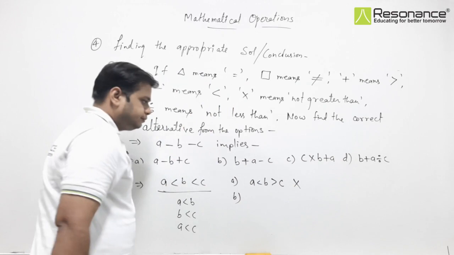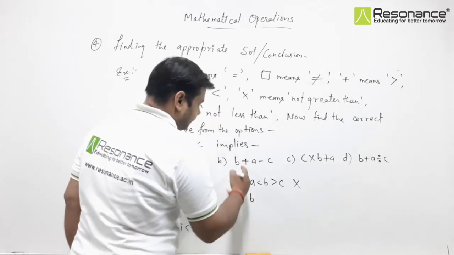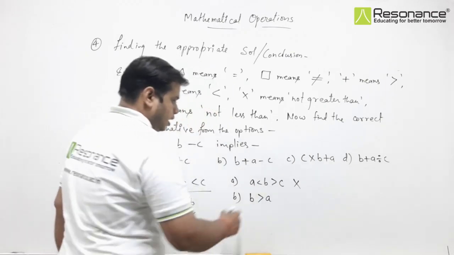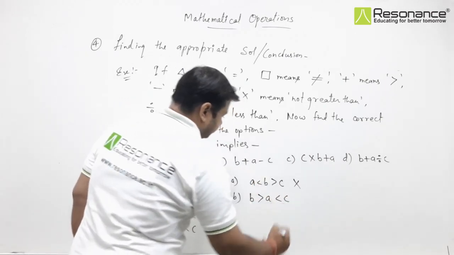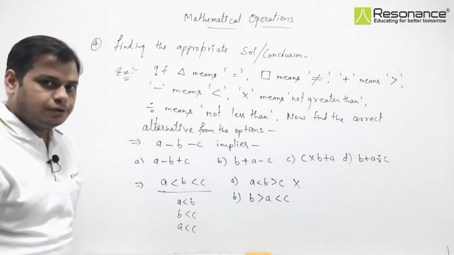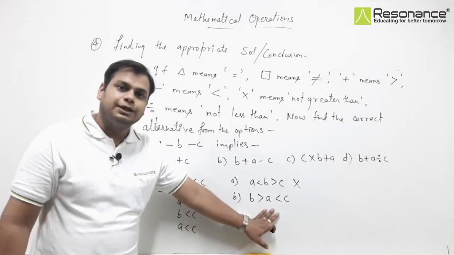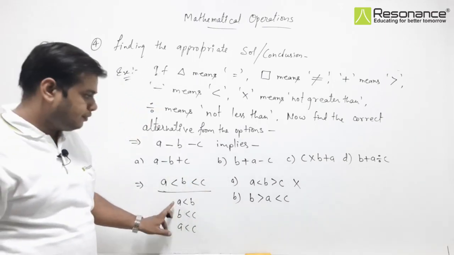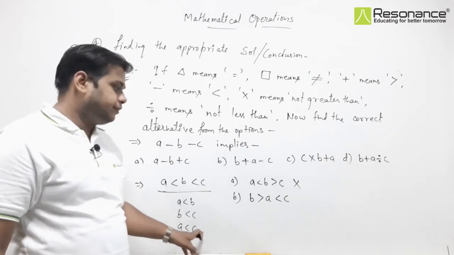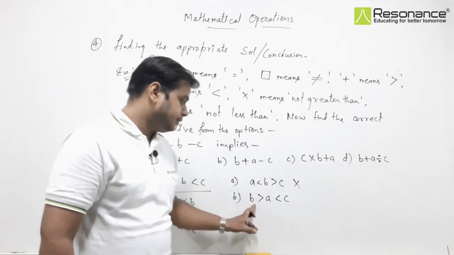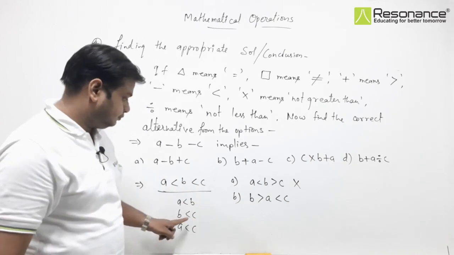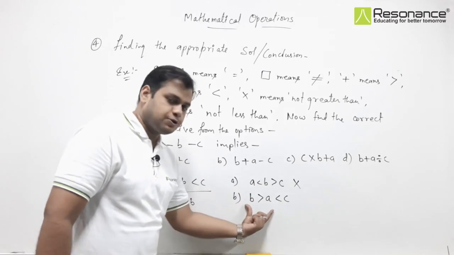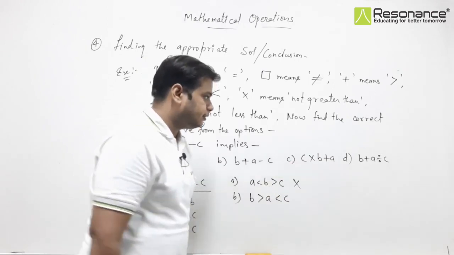Option B: B is greater than A and A is less than C. This is a possible answer. Why? B is greater than A, we know, and A is less than C, we know. We don't know about B and C, but we know all the relations. Okay, let's see further.